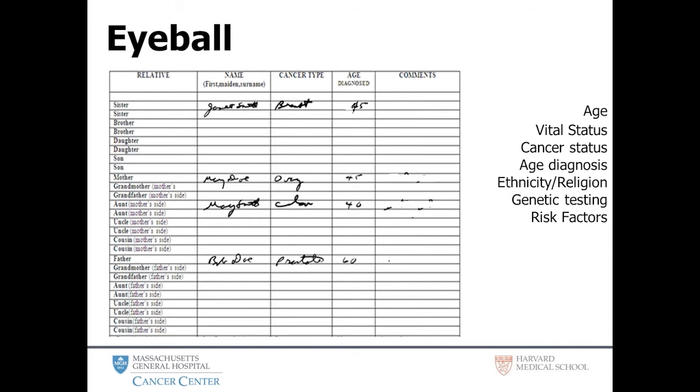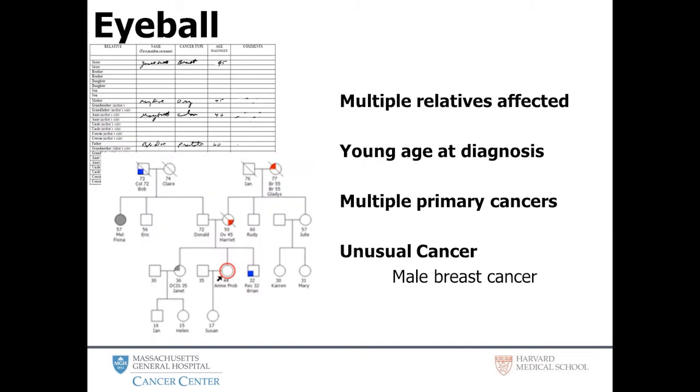Many of us receive a sheet of paper like this from our patient after they're out in the waiting room with their clipboard. It tells you who in the family has had cancer, what their relationship is, what their age is. We try to remember this information, put it together with ethnicity or religious background, history of genetic testing, other risk factors, and then try in our head to put together a mental pedigree about what these people look like.